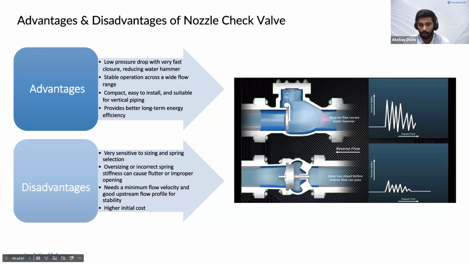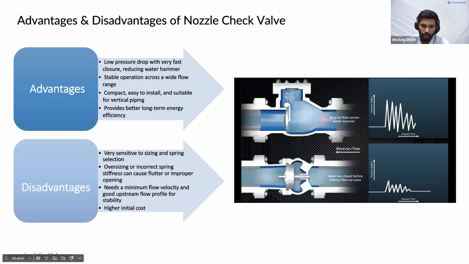Also in normal flow conditions, which is when the valve is fully open, the spring should be appropriately sized. We'll again see this in detail. It needs a good minimum velocity and a good upstream flow profile. So again, the flow profile should be uniform and fully developed for its proper operation.